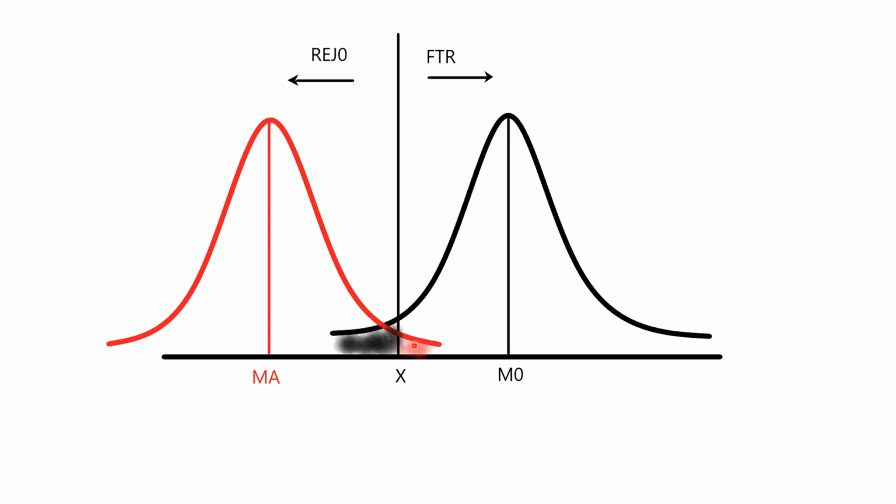So we are working with this critical value and anything above that and the red curve for beta. So this shade of red is the area under the curve for beta or type 2 error, which was failing to reject the null when our alternative hypothesis is true.